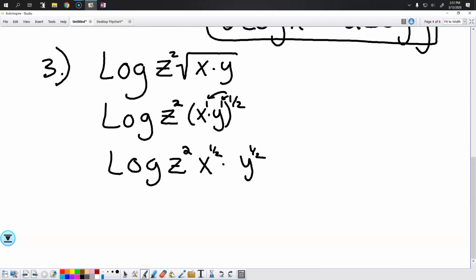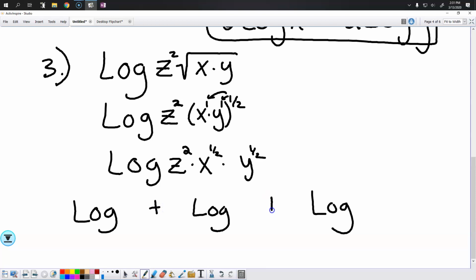Okay, yeah, so we have 3 things being multiplied together. I can write all of those as separate logs, can't I? Log, log, log, and all of those logs are going to be added. Because they're all multiplication.